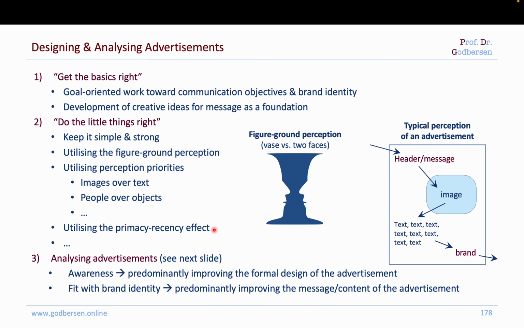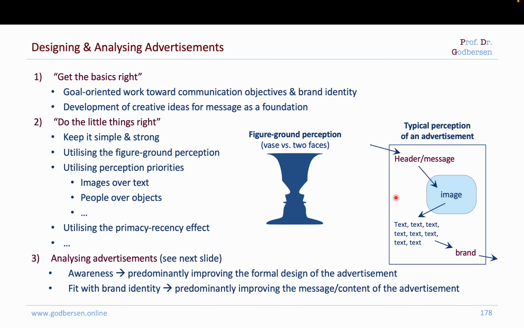The primacy-recency effect, which also comes from psychology, says that we best remember the first thing we heard or saw and the last thing we've heard or have seen. So primacy and recency. That is what you should keep in mind when designing an advertisement.